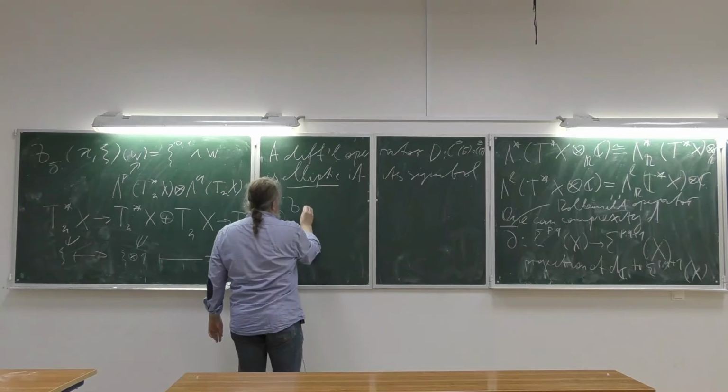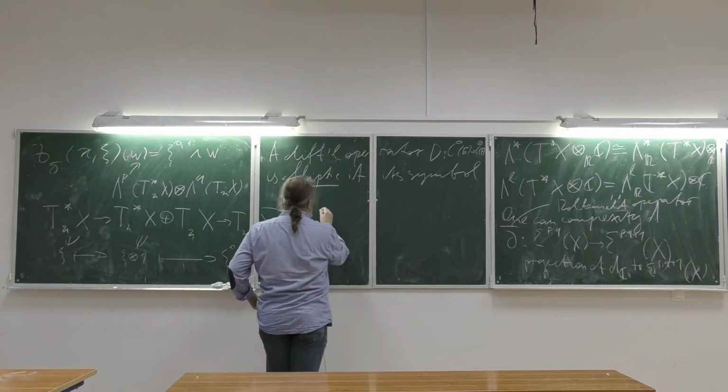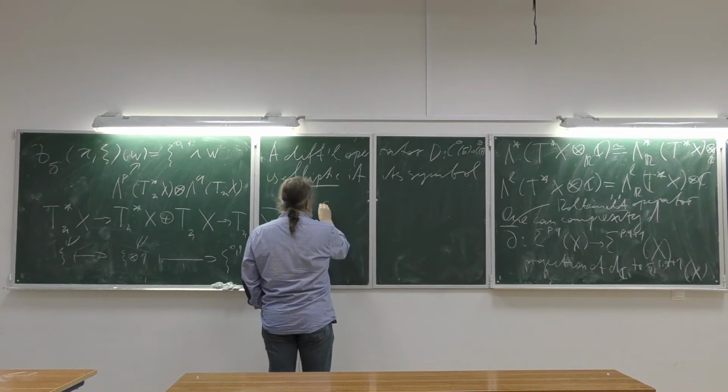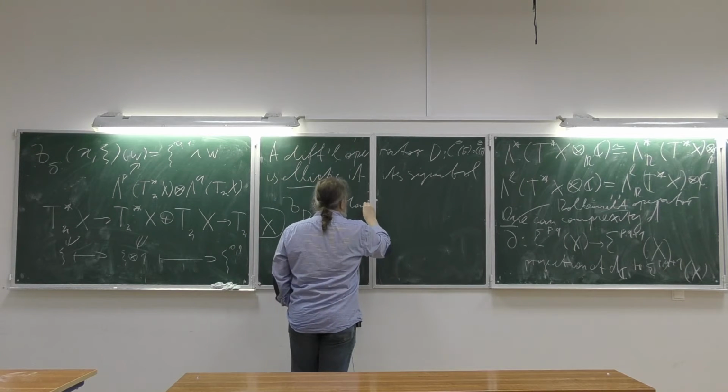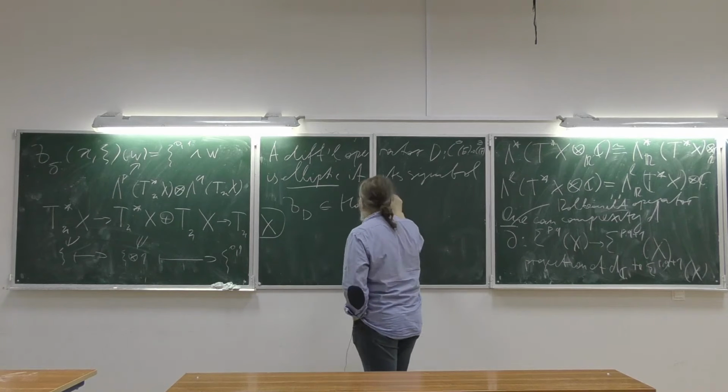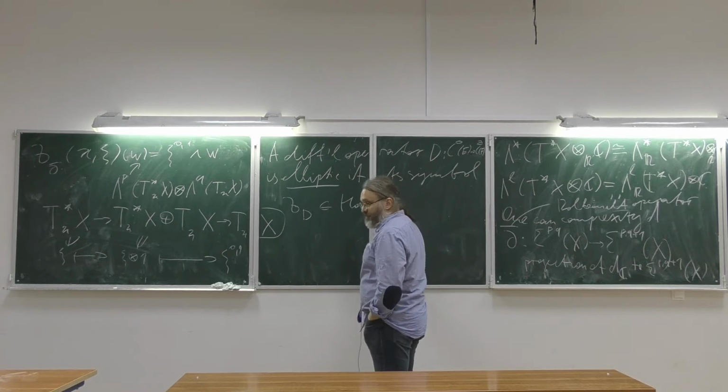Symbol. Well, the symbol is a map of vector bundles.